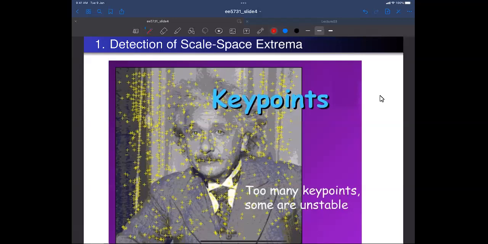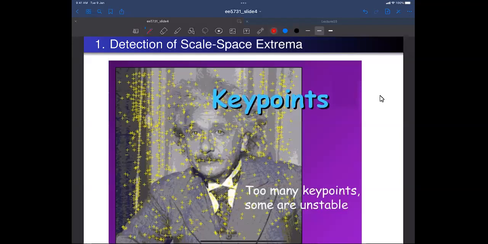So now the question: what does it mean by unstable? What does it mean by stable key points? Can anyone answer this? Remember, the whole point of SIFT is that key points have to be repeatable.